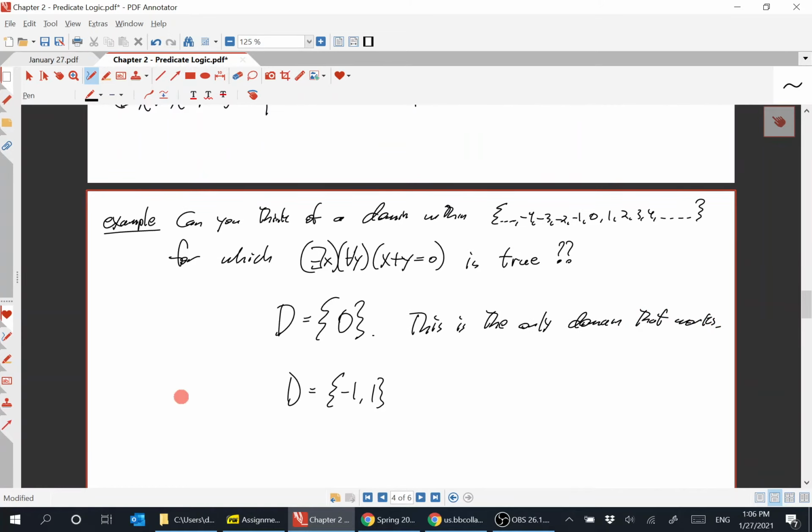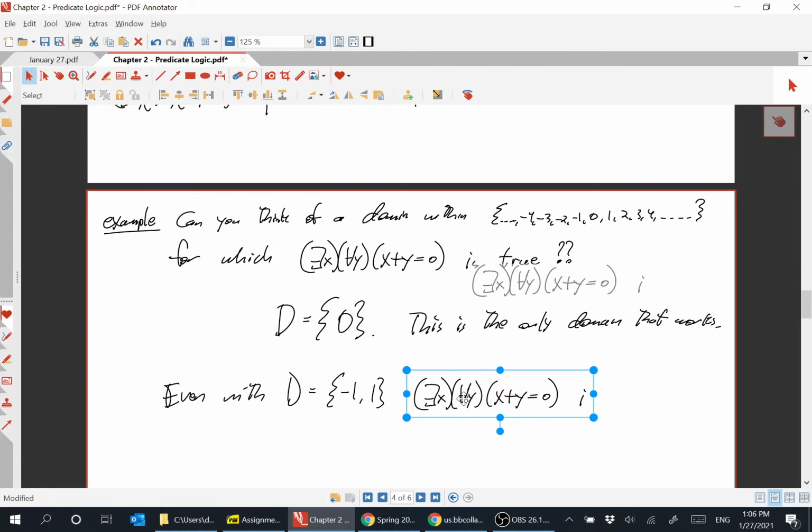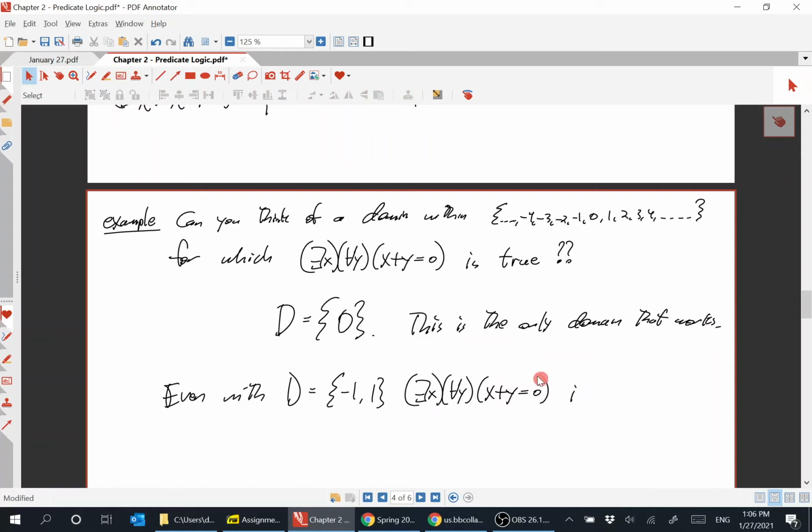Even in this one, that statement is false. Why is it false here? -1 plus -1 is -2.